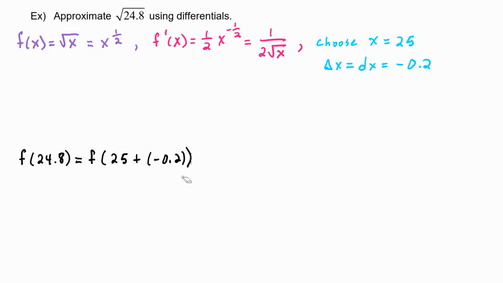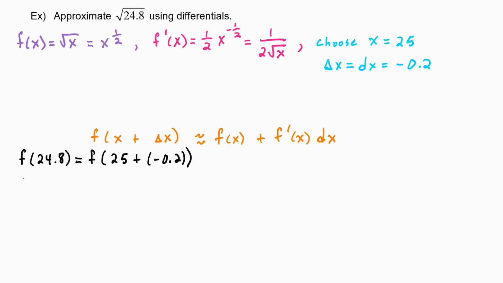Now this, we recognize, looks a lot like the formula we just derived, which is f of x plus delta x is approximately equal to f of x plus f prime of x dx.